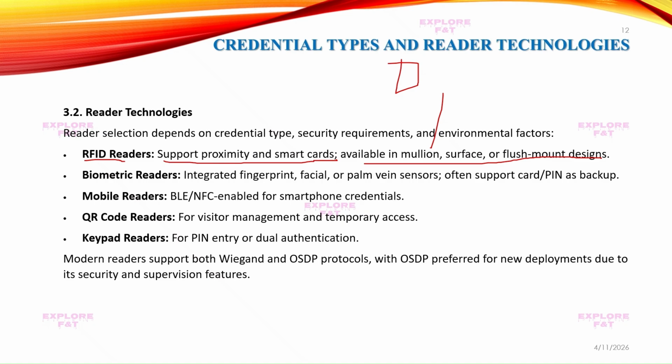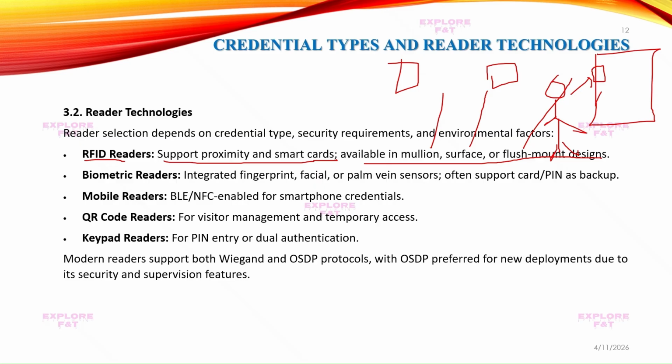Surface mount is normally mounted on the wall. Flush mount is installed inside the wall, like this is the wall and it is installed in this. People can use their credential here and go inside the room.